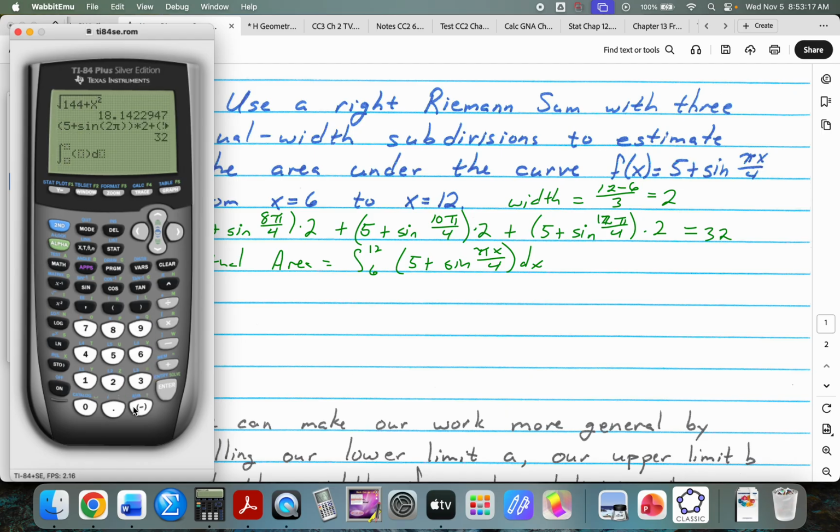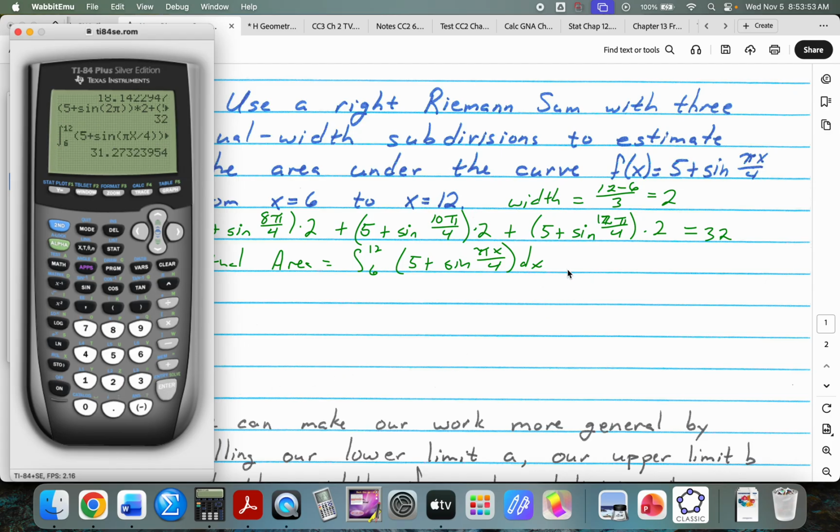So the integral from 6 to 12 of my integrand will be 5 plus sine of pi x divided by 4, with respect to x.